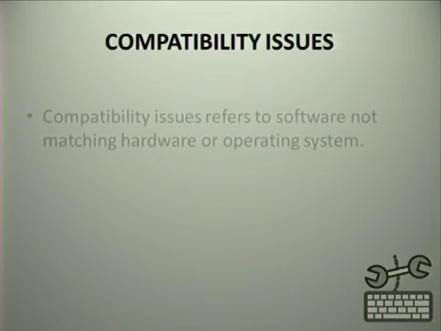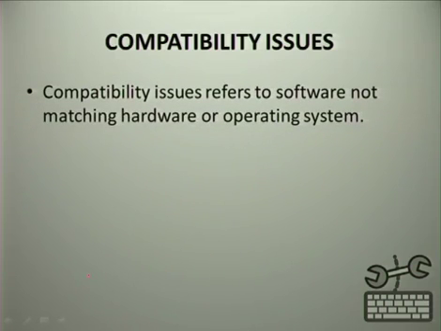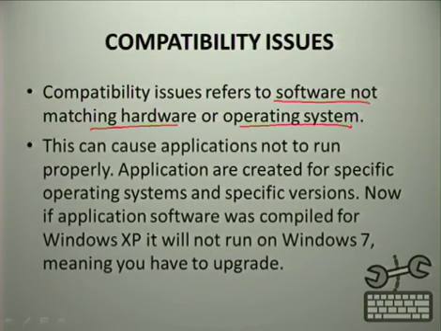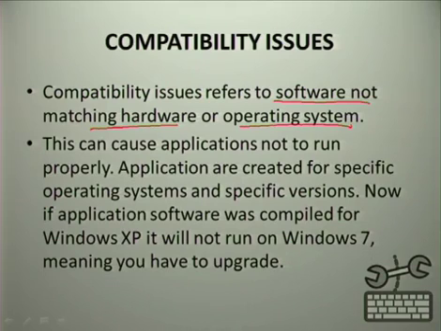Right, then we're moving on to compatibility issues. Compatibility issues is a term that refers to software not matching hardware or operating system. What is important to know is that this causes applications not to run properly.